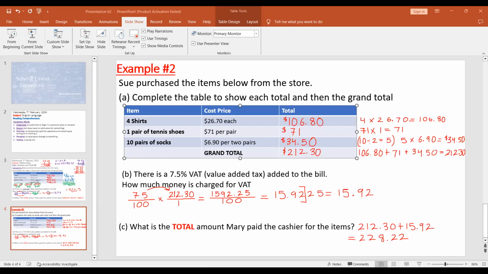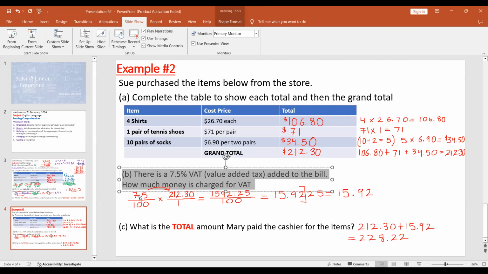We move the decimal point across to the left 2 times, which is $15.92. Then to see the total amount Mary paid the cashier for the items, we add the grand total with the VAT, which is $15.92 plus $212.30, which is $228.22.